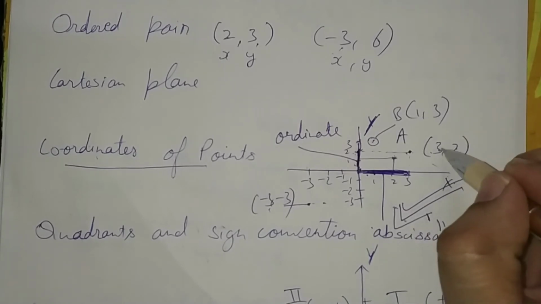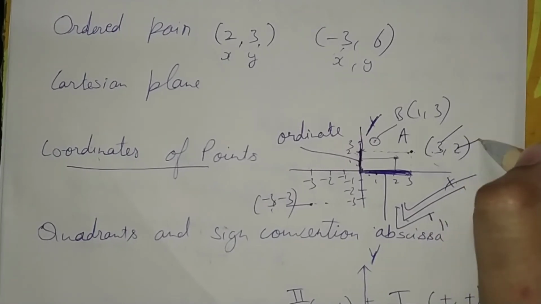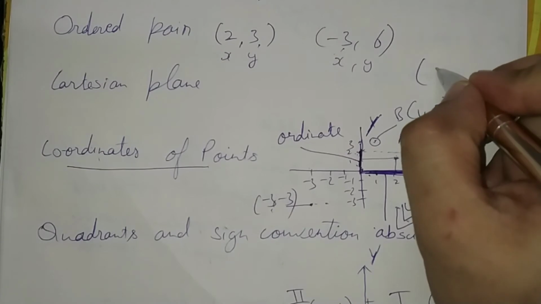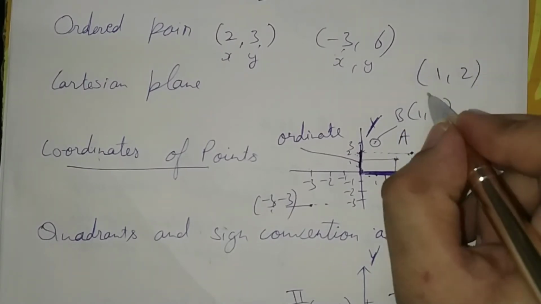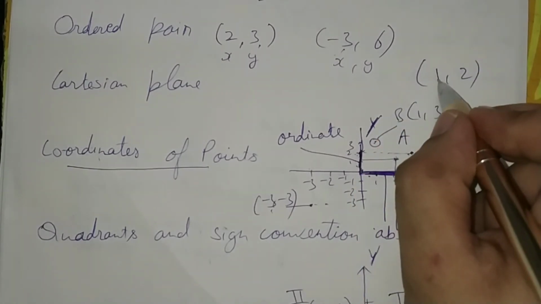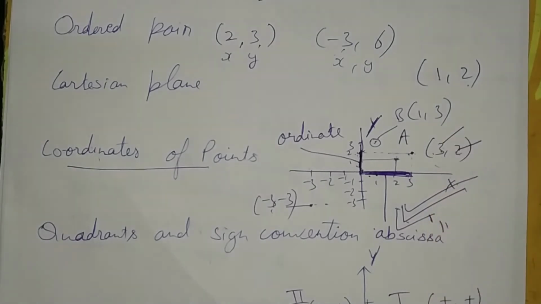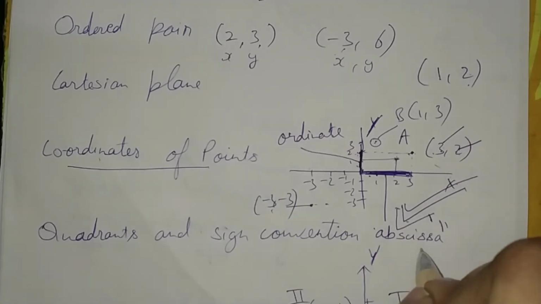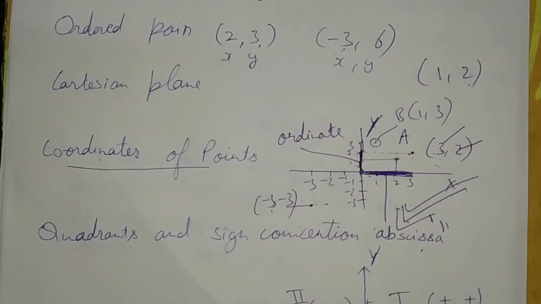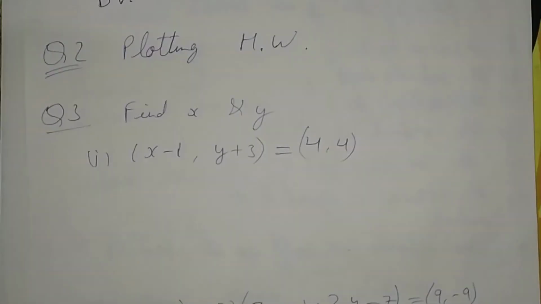So here abscissa is 3, ordinate is 2. For any point, for example 1 comma 2, the abscissa is 1 and the ordinate is 2. So corresponding to the x-axis it is the abscissa, corresponding to the y-axis the ordinate. First question we have done.